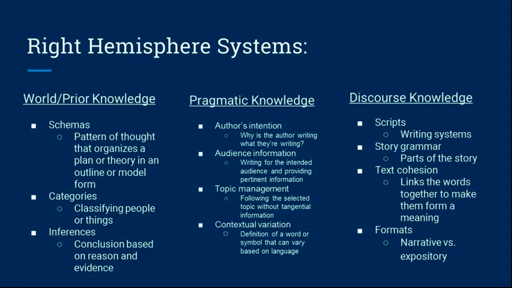Discourse knowledge is spoken or written and according to a social set of rules or expectations that's very context-driven. World and prior knowledge is going to include schemas, categories, and inferences. Pragmatic knowledge is going to include the author's intention, audience information, topic management, and contextual variation. Discourse knowledge will include scripts, story grammar, text cohesion, and formats.